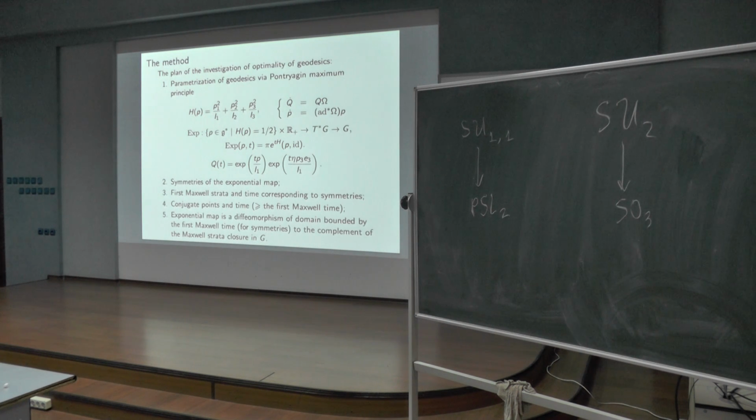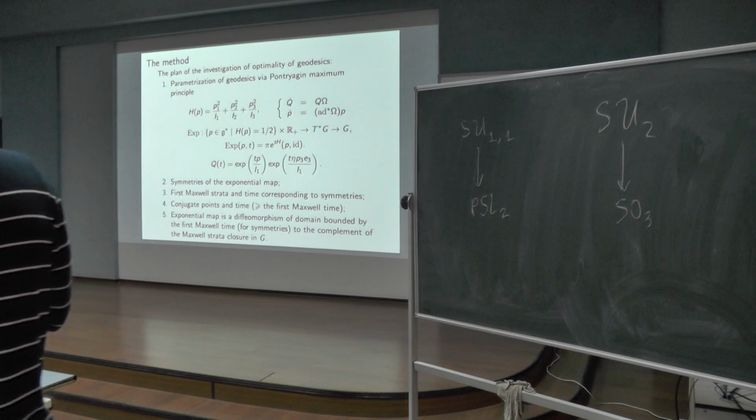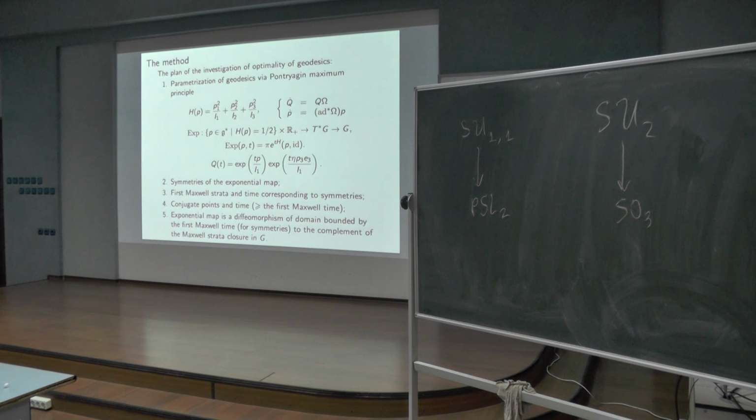And in our case, the parameterization of geodesics is just the product of two one-dimensional subgroups. So it's simple enough.